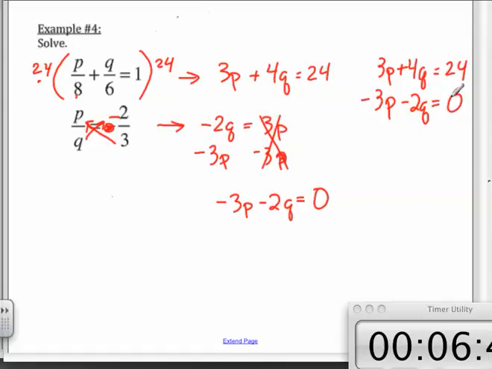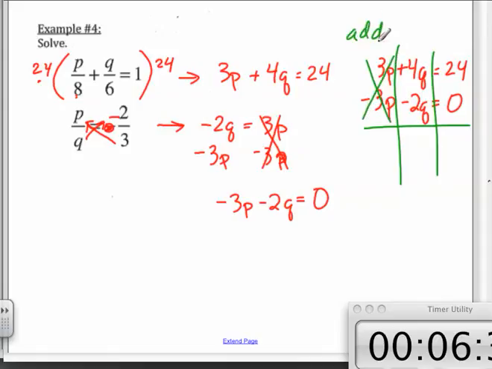I should add them because one's positive and one's negative. When they're the same sign, I subtract; when they're different, I add. So now I'm going to get, this just cancels. 4 plus negative 2 is going to give me 2q. And 24 plus 0 is 24. Divide both sides by 2, and q is equal to 12.